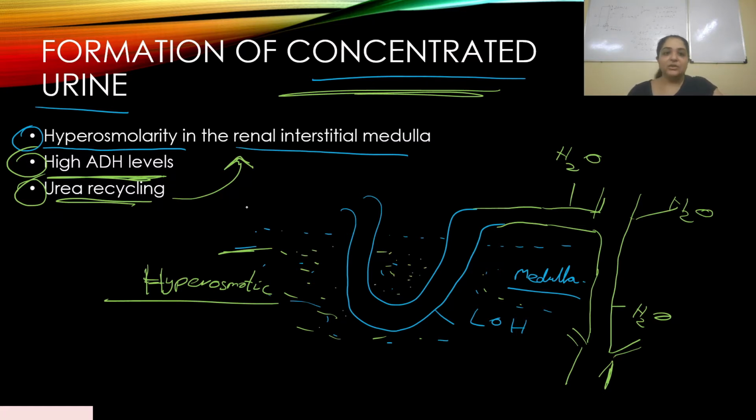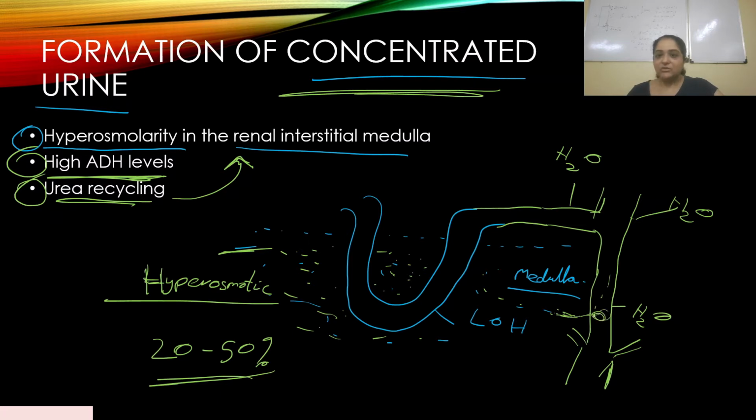Urea recycling: by the time urea reaches this medulla collecting tubule, it is very concentrated. Usually in our body around 20 to 50% of the filtered urea load is excreted out. This is a range. But some of it gets reabsorbed back into the body via diffusion.